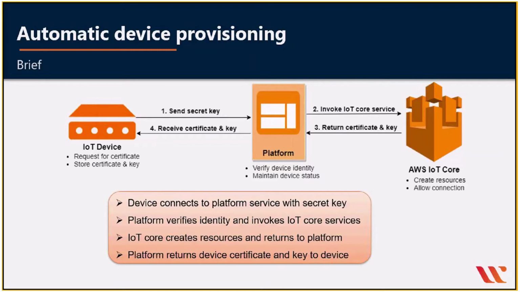This request is received by the platform service, which first verifies the identity of the device using the secret key sent in the request. Then it executes the corresponding APIs of the IoT Core to create the policy, thing, and the certificate. In response, it returns the device certificate and the private key. Using this certificate and the key, the device connects to IoT Core directly to exchange the data.